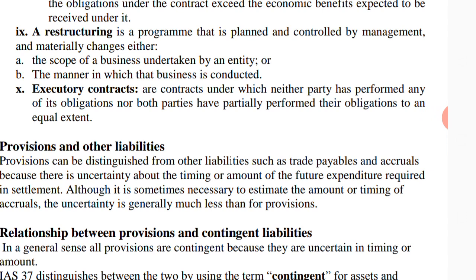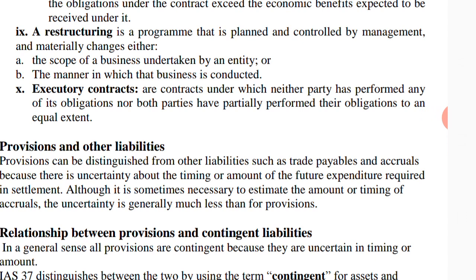So what is an executory contract? It is a contract under which neither party has performed any of its obligations, or both parties have partially performed their obligations to an equal extent. Now, that contract is either a contract where both parties have not performed any obligation, so they don't owe each other.